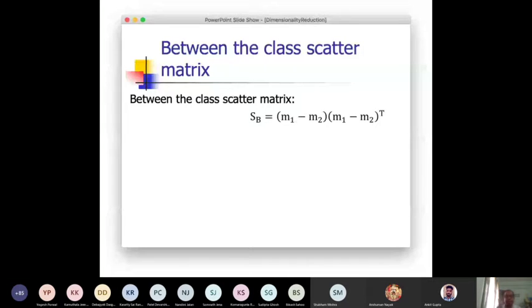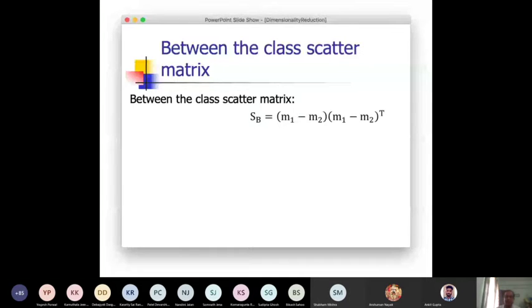It can be expressed in terms of a particular concept. First, let me explain this concept. We define a term called the between the class scatter matrix. This is a mathematical definition, but it has certain intuitive implications also.